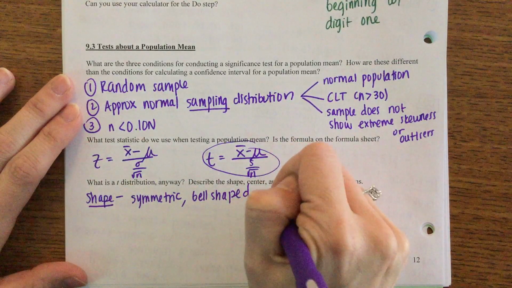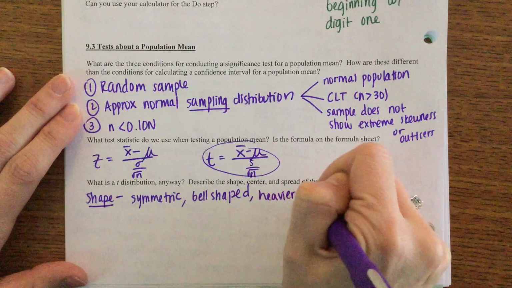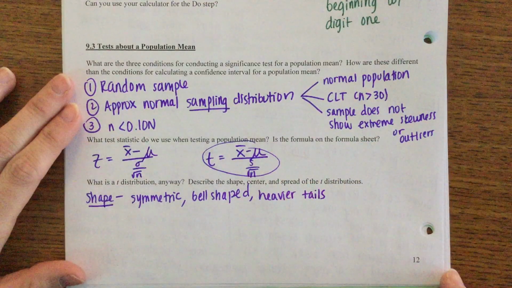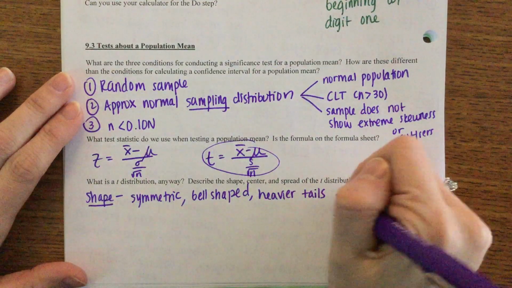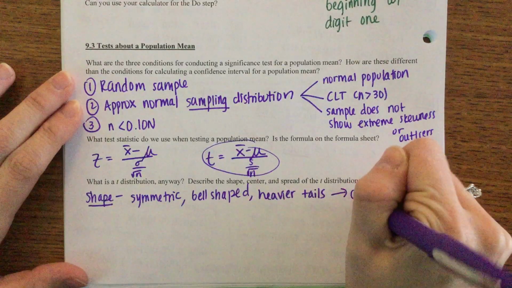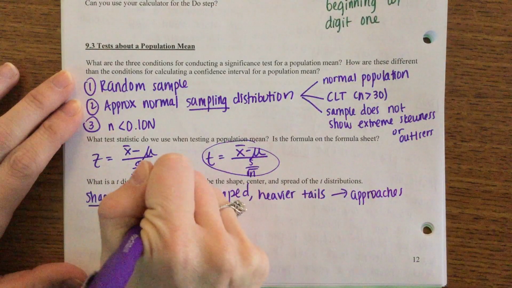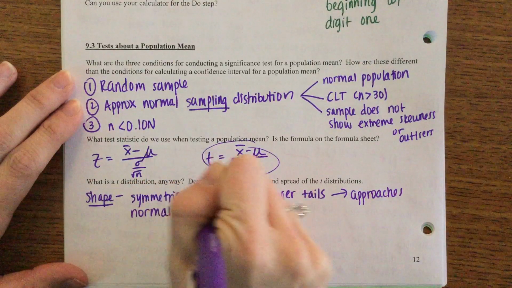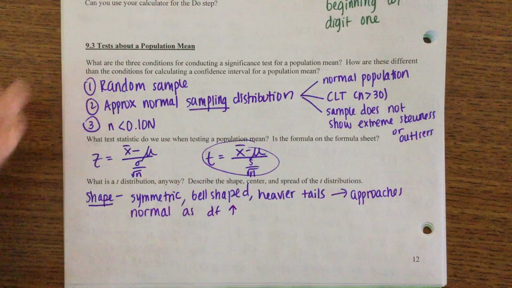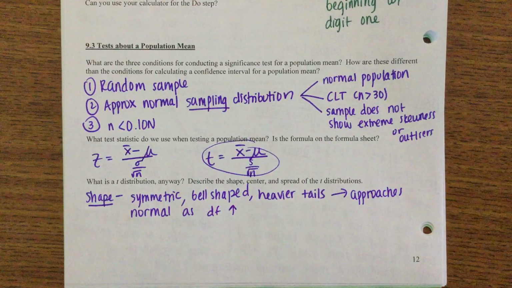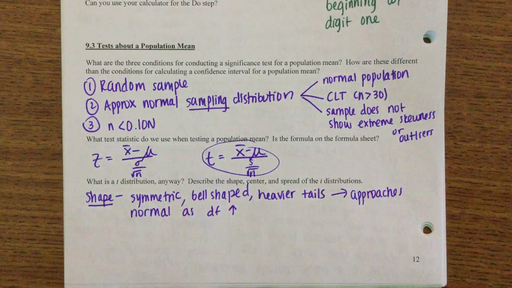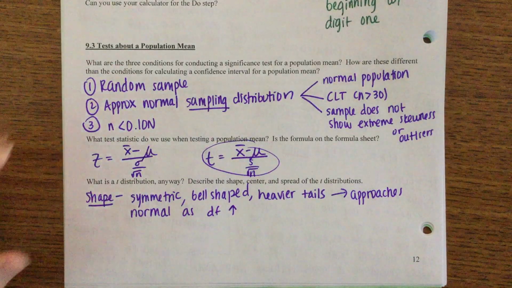A T curve has heavier tails. That being said, the t-curve approaches a normal curve as the degrees of freedom increase. So as you go to infinitely many degrees of freedom, your t-curve becomes the z-curve.